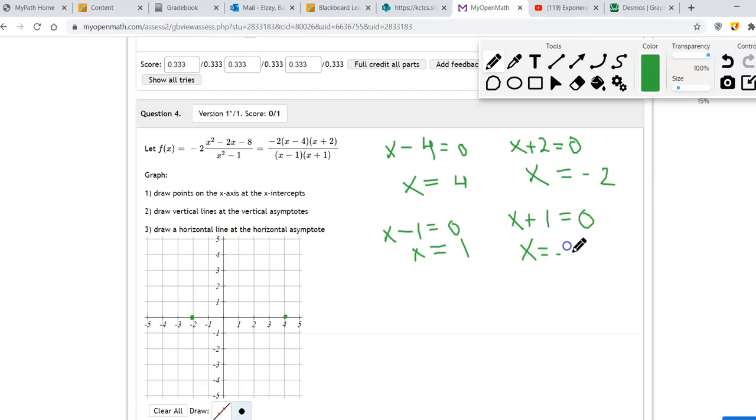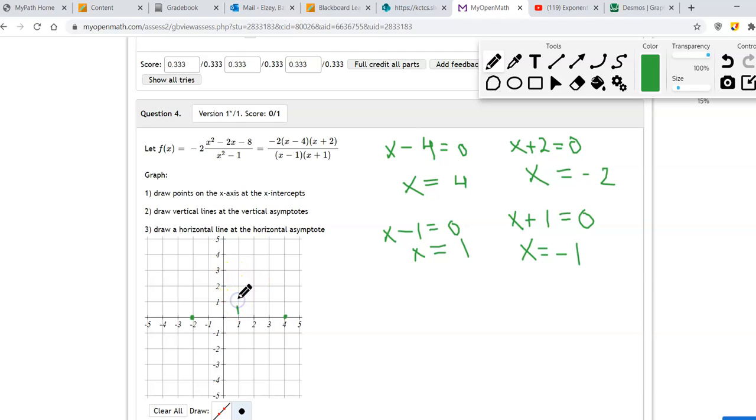And if we check 1 in the numerator, 1 minus 4 is not 0, and 1 plus 2 is not 0. So this one's okay, that is a vertical asymptote. And if we check -1, -1 minus 4 is not 0, -1 plus 2 is not 0. These are both vertical asymptotes. So it says to draw the vertical lines.